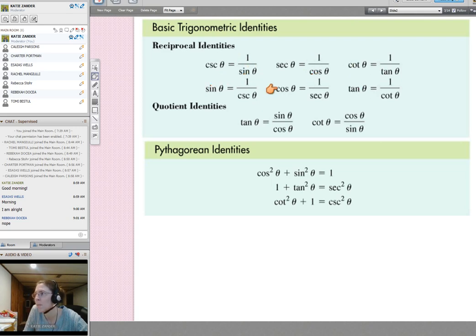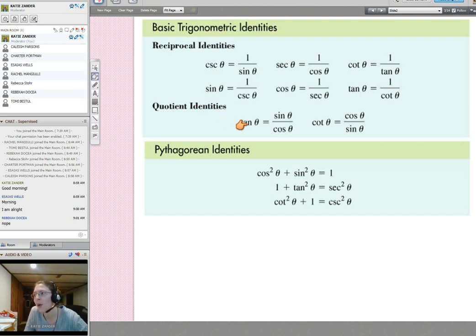But the 3 main trig functions can also be written as reciprocals of cosecant, secant, and cotangent. So just note that as we're proving things and trying to simplify things along the way, we may have to use that form as well. Although they don't come up that often, knowing that cosecant, secant, and cotangent, those appear more than the ones below it.